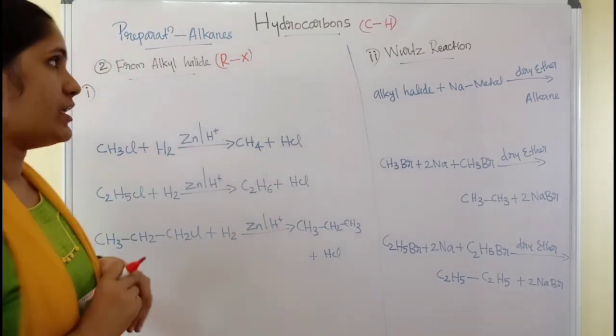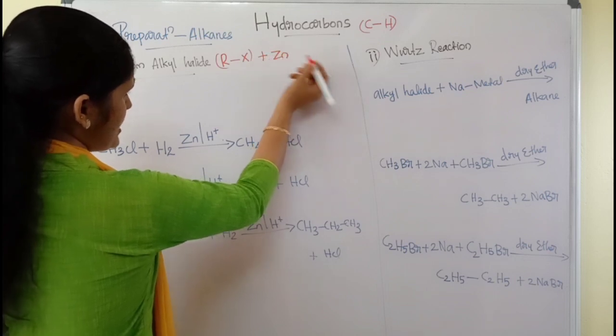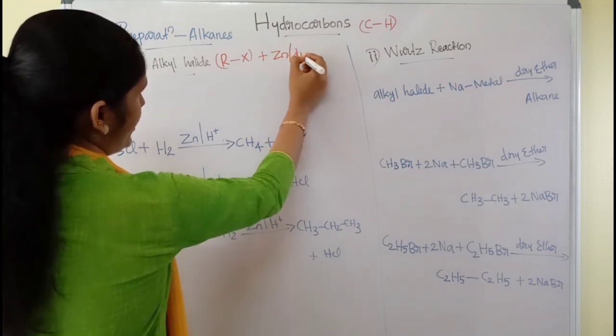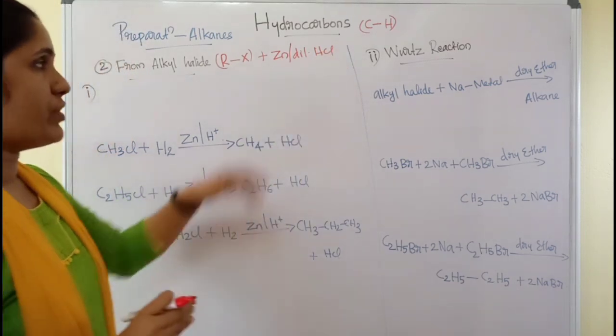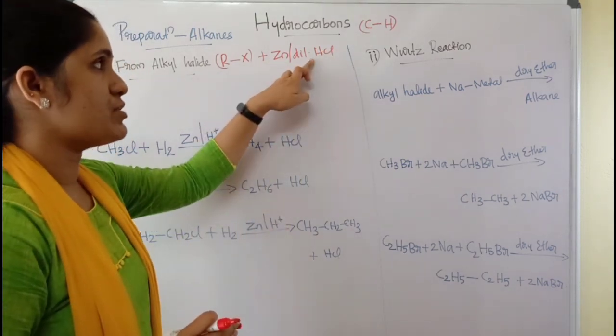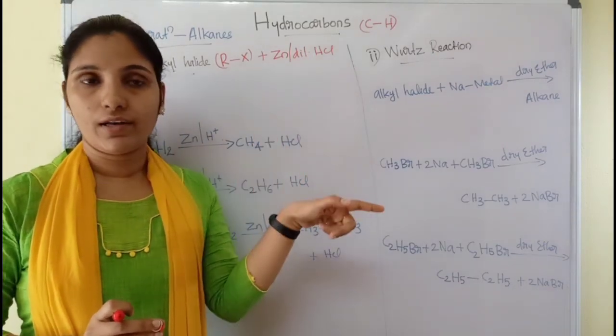So this alkyl halide on reaction with the metal zinc in presence of dilute HCl, alkyl halide on reaction with metallic zinc in presence of dilute HCl, gives the corresponding alkanes.